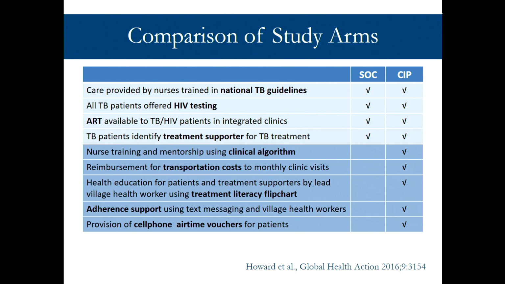In health facilities randomized to the CIP arm, the combination intervention package was delivered to all TB HIV patients at regular clinical visits as part of routine care. Nurses working in the integrated clinics and village health care workers associated with the health facility were trained to deliver the intervention package and received ongoing mentoring by a nurse clinical mentor who visited the health facilities 2 to 3 times per month.